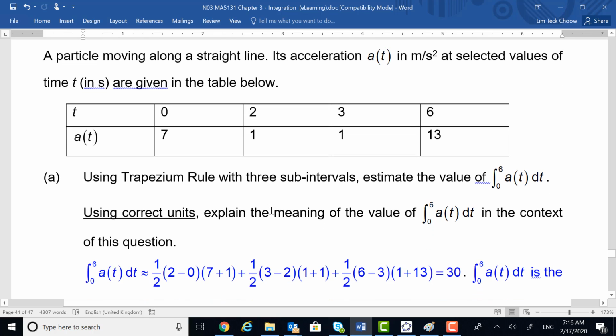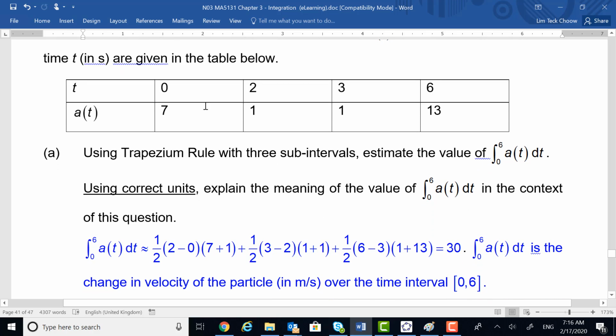So you just find the trapezium at each of them. The area of each trapezium is the sum of the two parallel sides over 2 times the width. This is the area for the first trapezium, and this for the second one and for the third one. And then you work it out, it turns out to be 30.